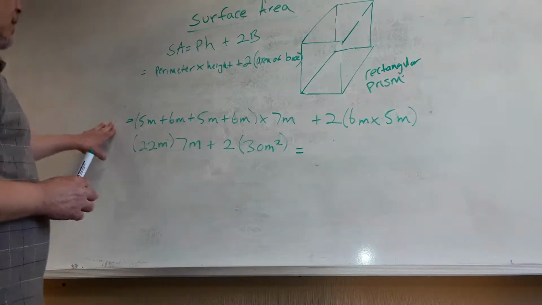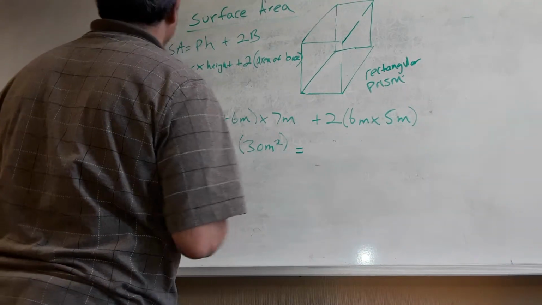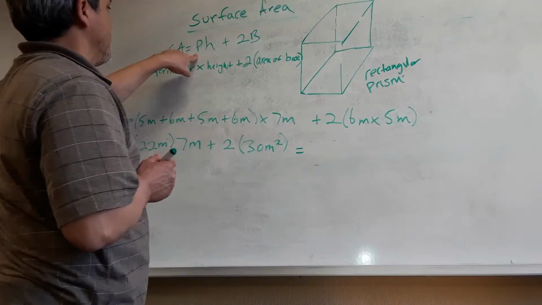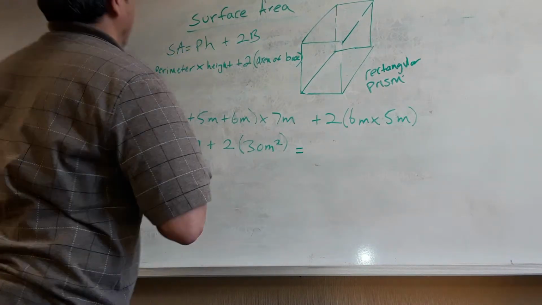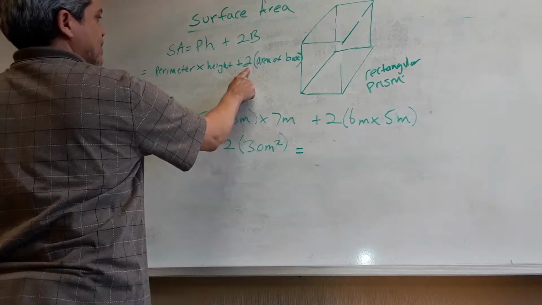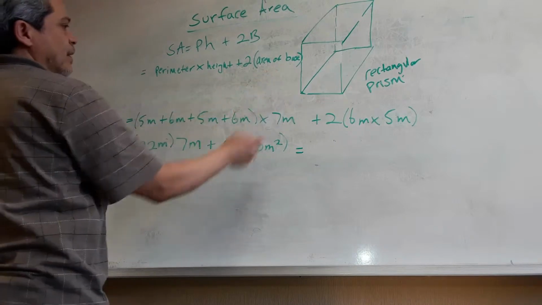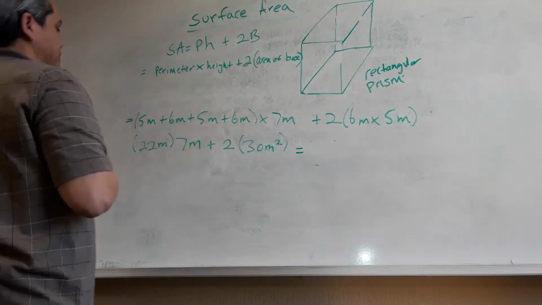Well, I have the formula. The formula is perimeter times height plus 2 times the area of the base, because remember, the bases are identical, the bottom and the top.